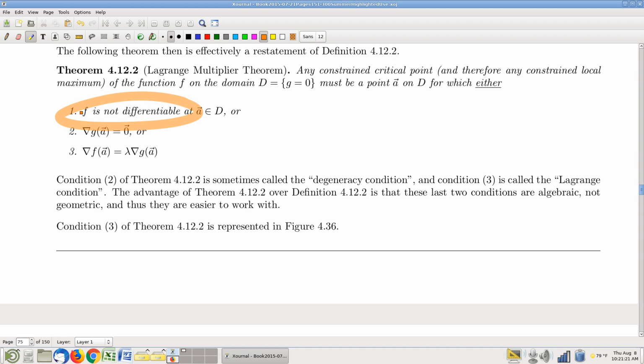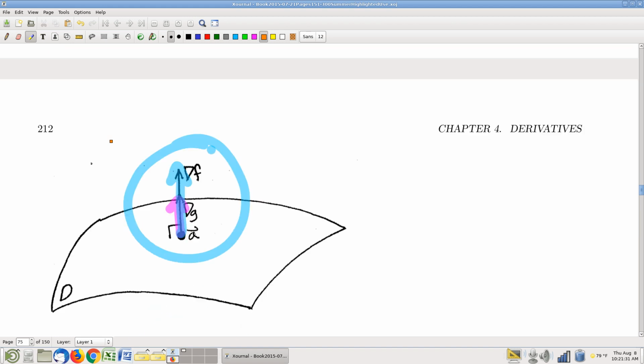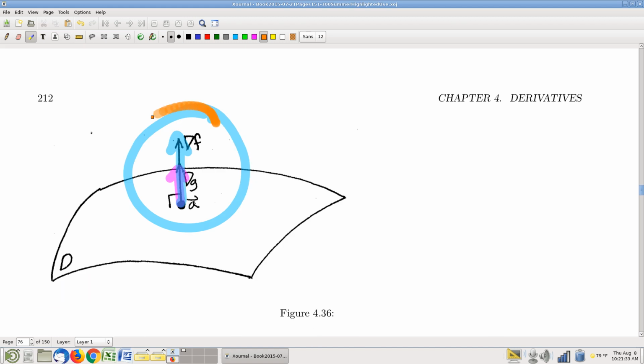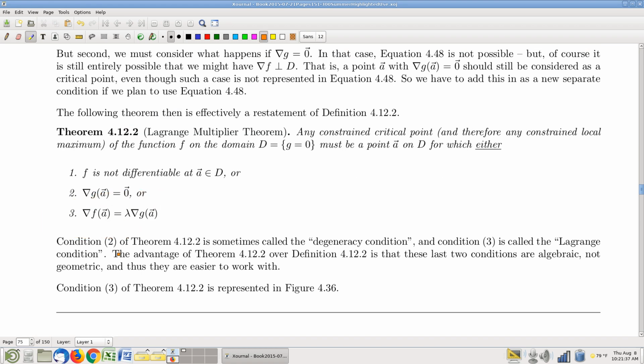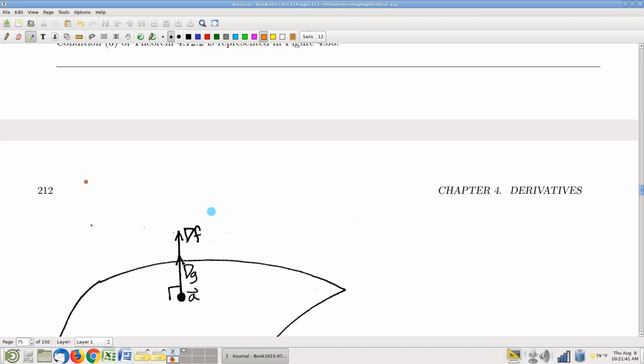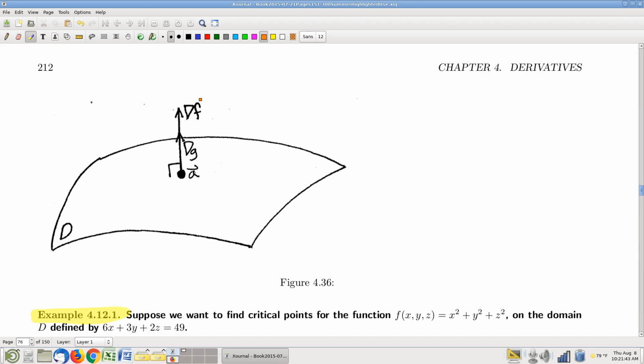You all saw a bunch of those in Calc 1 classes. The function's got a corner. Oh my gosh, that could totally be a minimum, and you've got a real strong picture of that. And we just talked about the primary picture here, and you can see the multiplier formula. So why the gradient of g equals 0 is a problem is a little bit more subtle. And I'm going to come to this picture here real quick.